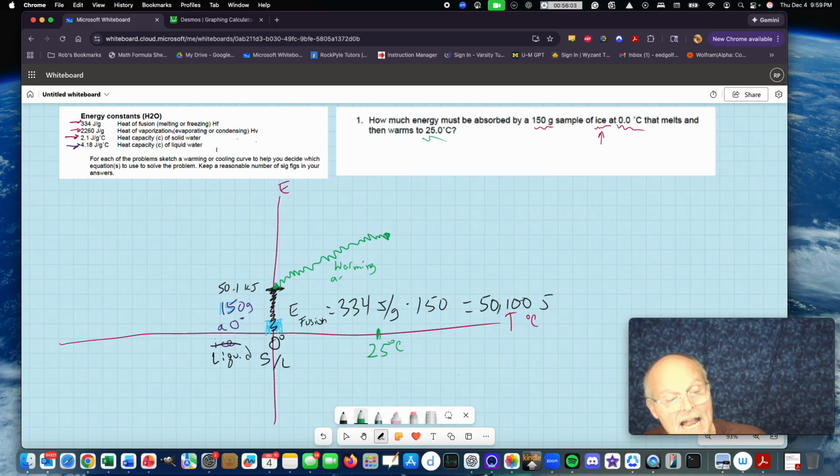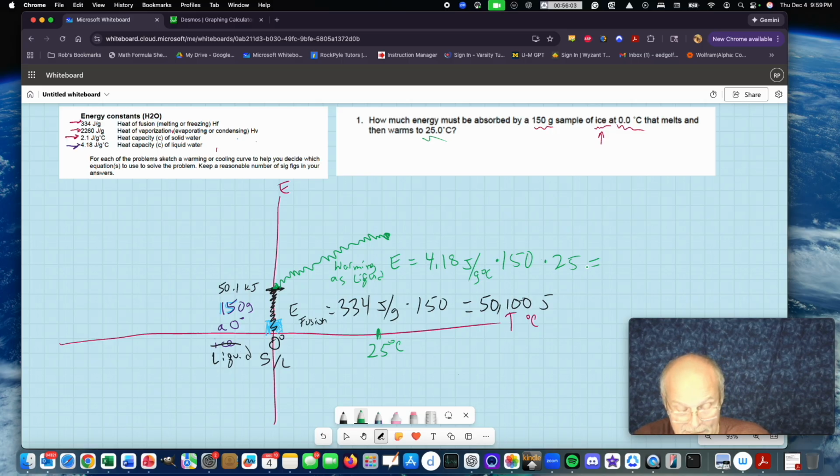So I'm warming as liquid, and that's important to choose the right constant. So my energy there is heat capacity of liquid water, 4.18 joules per gram degrees C, times how many grams, 150, times how many degrees, 0 to 25 is 25.